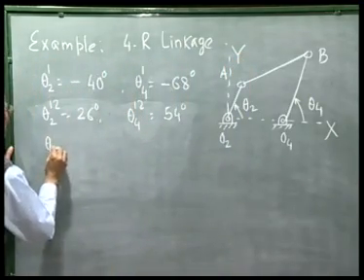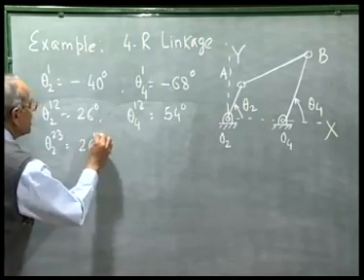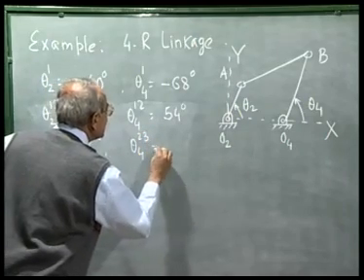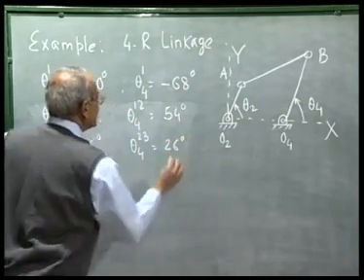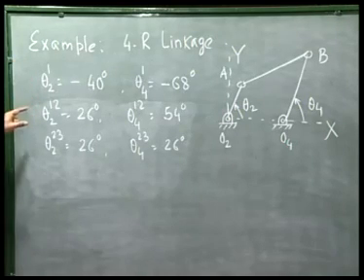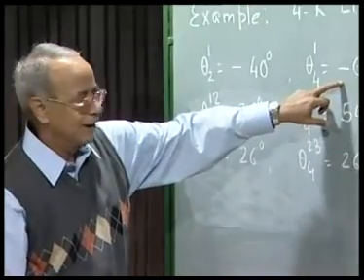And theta 2 2 3 is again 26 degree and theta 4 2 3 is 26 degree. It is clear that we want to solve this problem by analytical method using Freudenstein's equation, because that is why we have assumed theta 2 1 and theta 4 1.